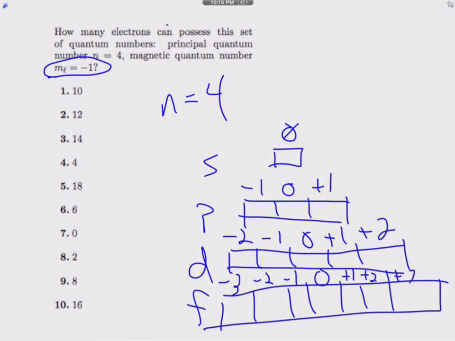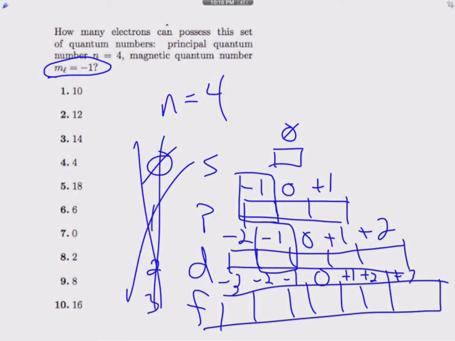Okay, so these would have different angular momentum numbers. This would be 0, this would be 1, this would be 2, this would be 3, but they're not asking us about that. So any orbital with a magnetic quantum number of -1 would fall into this category. So how many of those do we have?